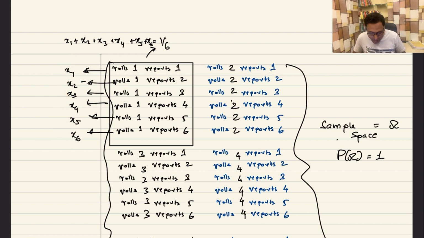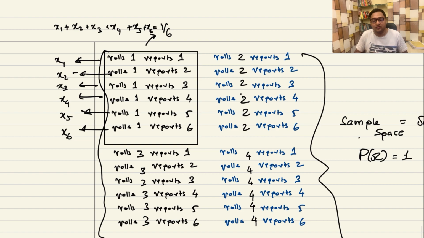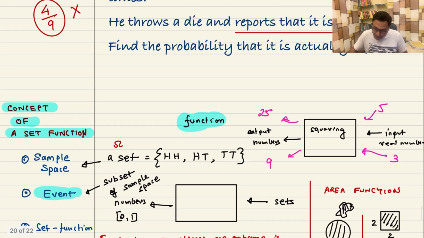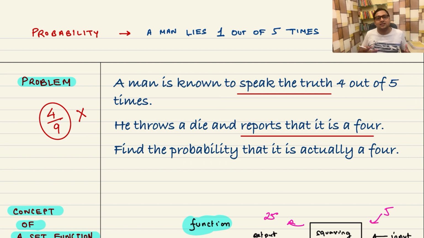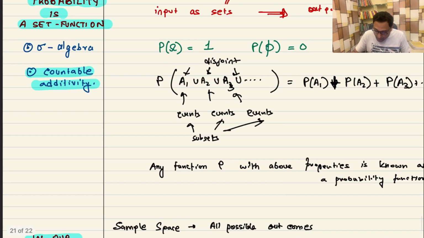We know the question says that he speaks the truth 4 out of 5 times. So speaking the truth has a probability of 4 by 5.